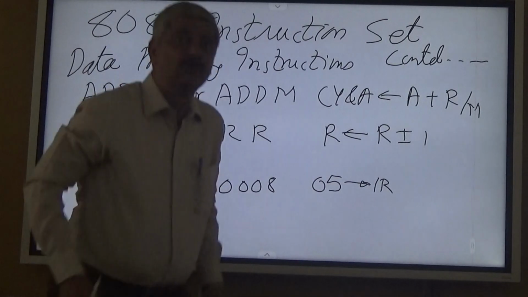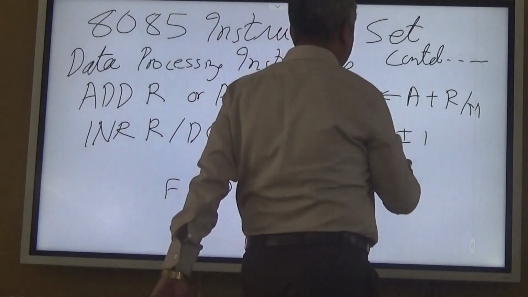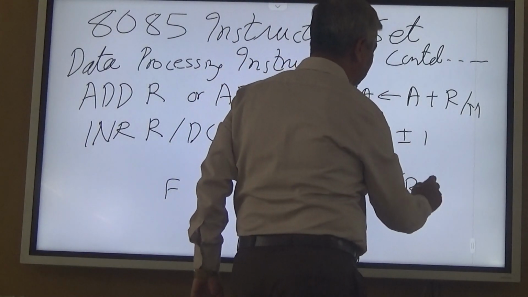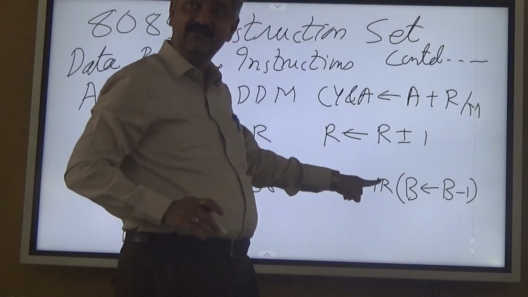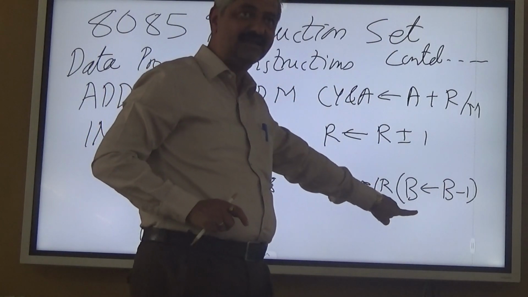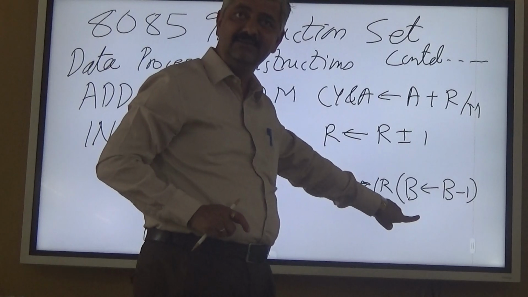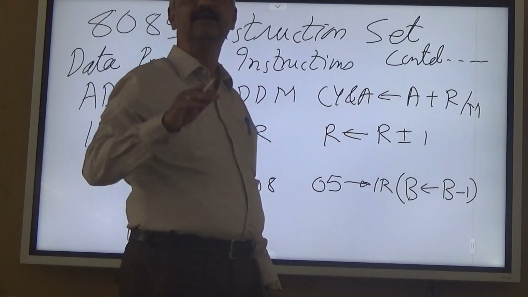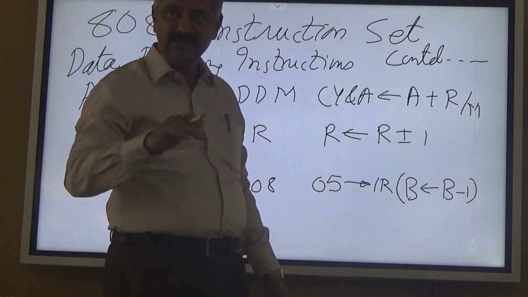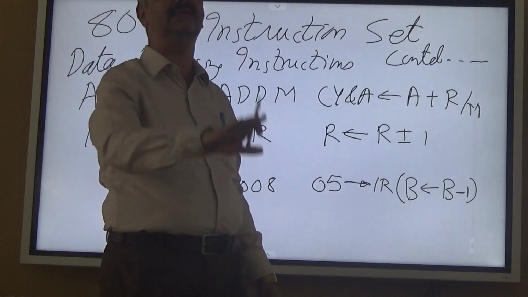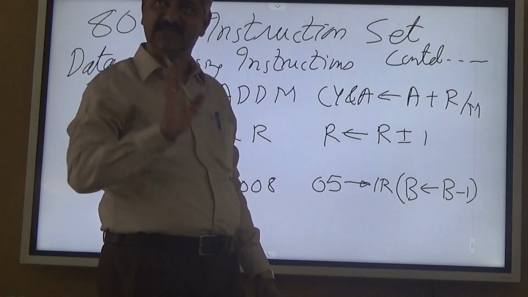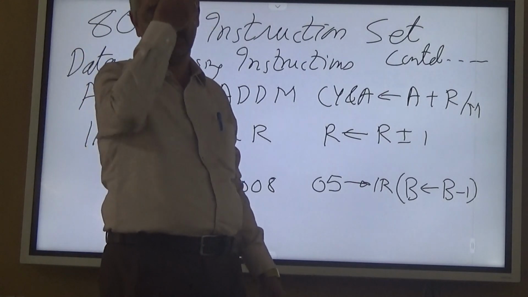So its execution takes place internally. Is it right? We can write execution in bracket there itself, if that execution does not require any external memory reference. Is it okay? It is decrement B, increment C, whatever it may be.